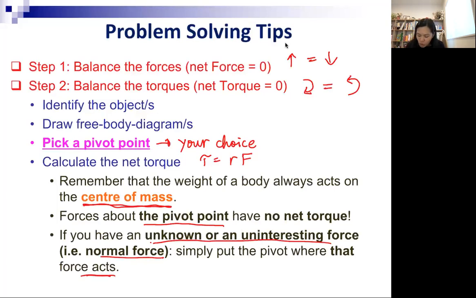So that's how you choose the pivot point. Put your pivot point where you have an interesting force, or if you have two or more forces, put your pivot point there so that you eliminate those forces. I guess we need to look at an example for these steps to make sense.